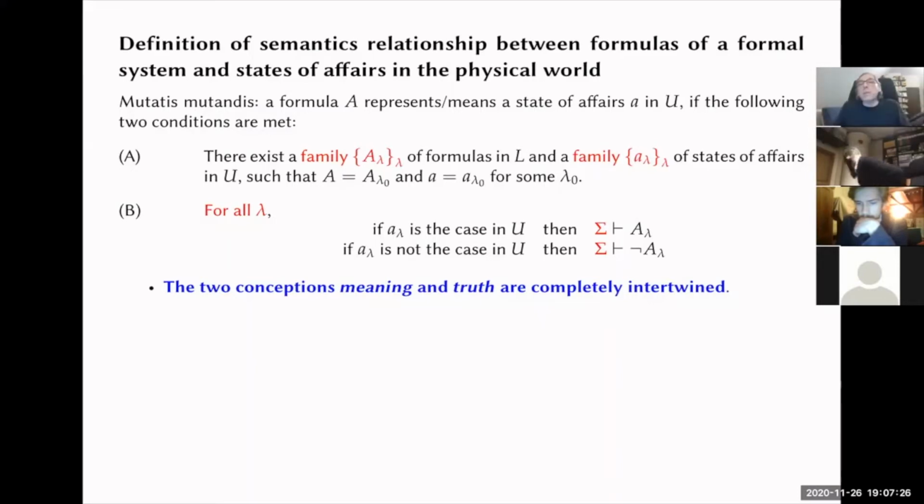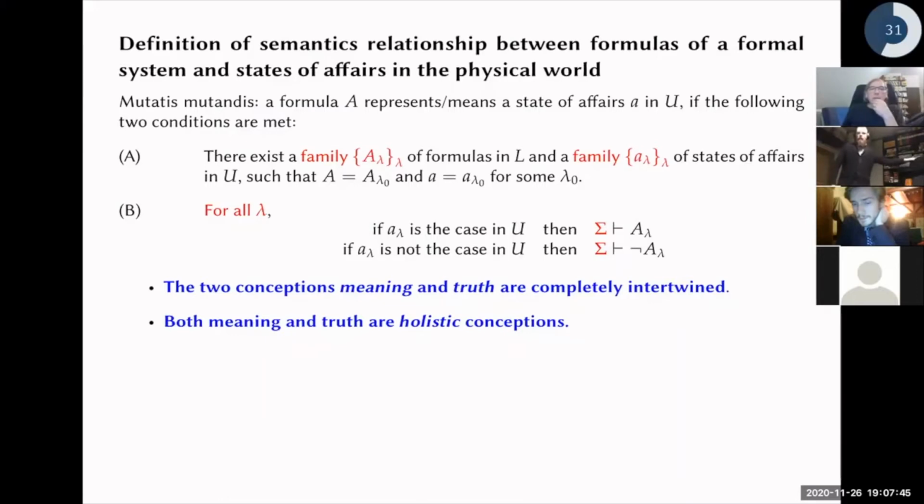Very briefly, only the complete theory can be true or false, and only the complete theory can carry meaning and can have reference to the world and so on. Okay? So both meaning and truth are holistic conceptions in this sense. So this is the second observation. Very important one.